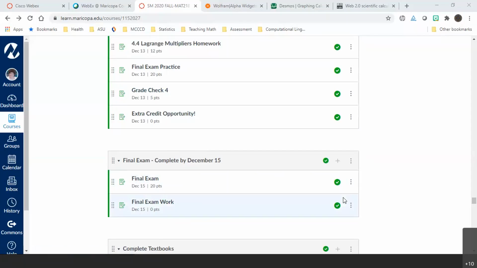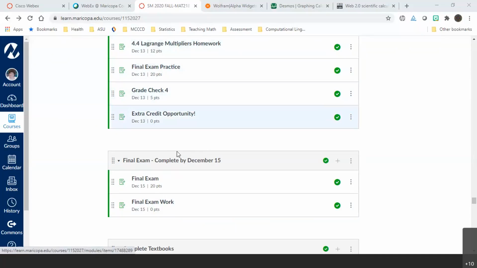Okay. So again, this practice exam, the idea behind this is everybody can try it or not as you see fit. I strongly recommend that you try it for practice, but I will give everybody the 20 points for this exam. So this practice will not affect your grade at all.